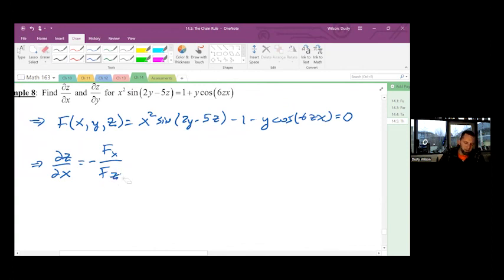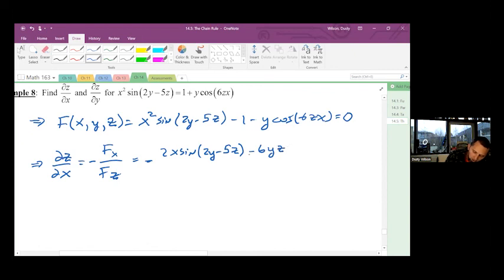Or negative the partial derivative of f with respect to x divided by the partial derivative of f with respect to z, which would be negative, partial derivative with respect to x: 2x sine of a whole bunch of garbage, minus 0, and then it looks like I'm going to have a minus 6yz.